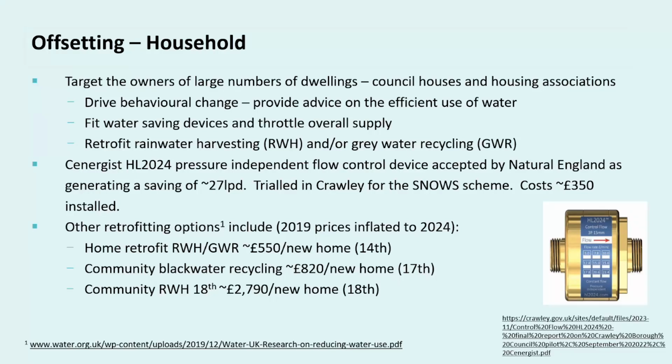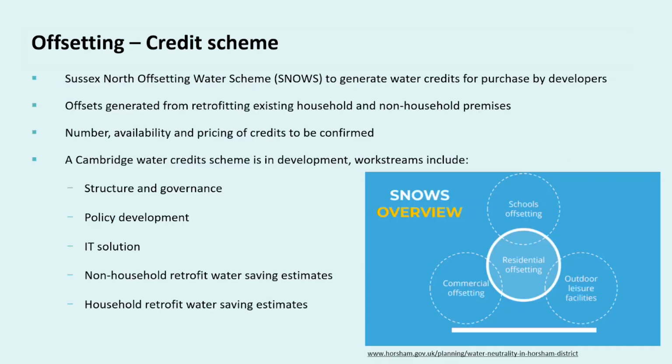The cheapest options were found to include media campaigns, school educational programs, water labelling, new toilet standards, metering, innovative tariffs, none of which are applicable to developer-led offsetting projects, of course, but are part and parcel of what water companies do.